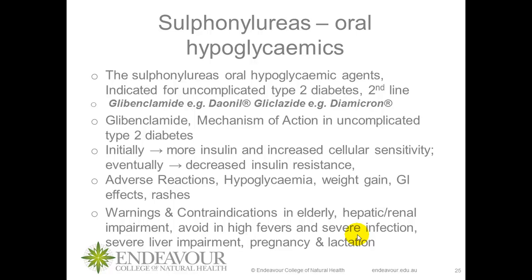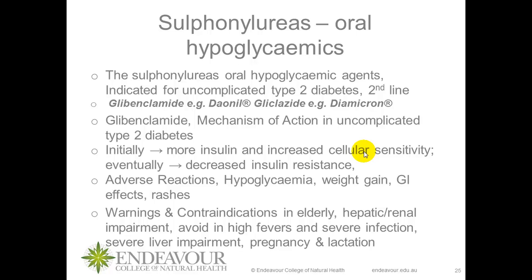If a person has uncomplicated type 2 diabetes, so there is still some insulin production, glibenclamide will encourage more insulin and increase cellular sensitivity to that insulin, thereby decreasing insulin resistance. So note we said that the type 2 agents always assume that there is still some insulin production, so it's still as yet an uncomplicated type 2 diabetes.